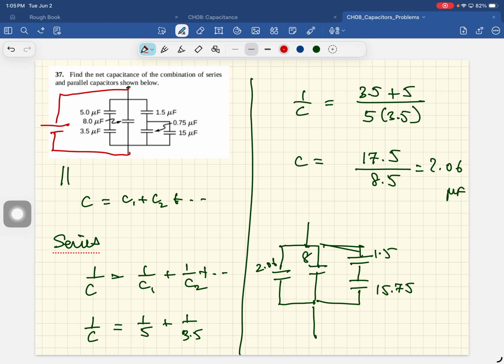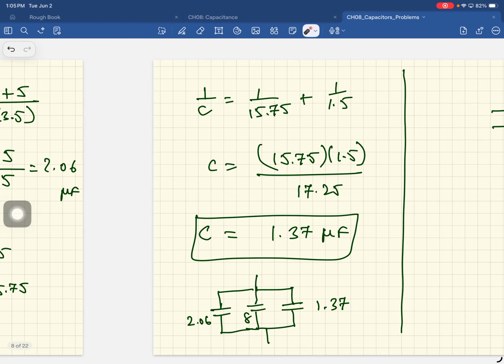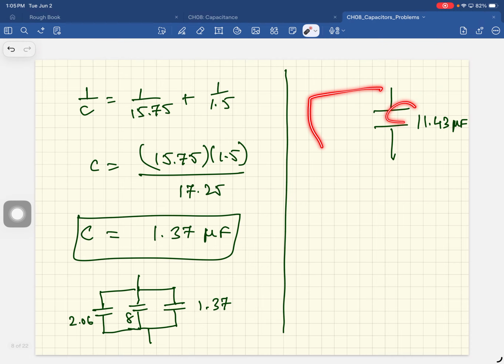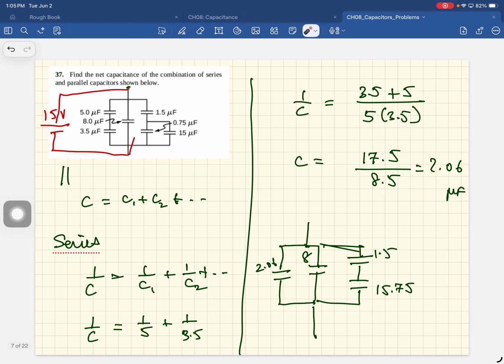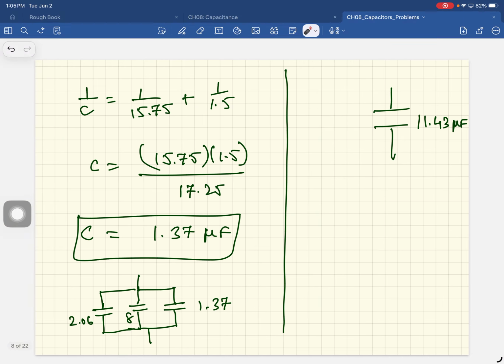Right now the voltages are not the same. So for instance, let me calculate the voltage quickly. Q over C is the voltage, 1.33 millicoulombs divided by C.